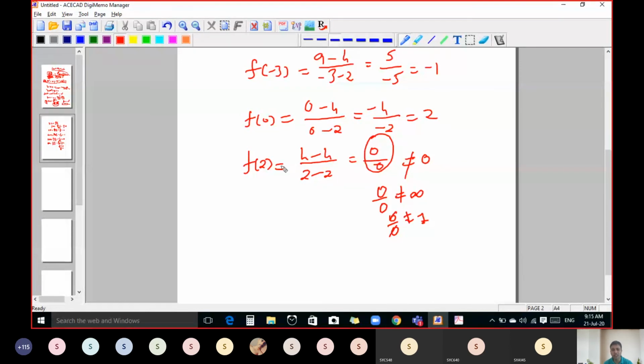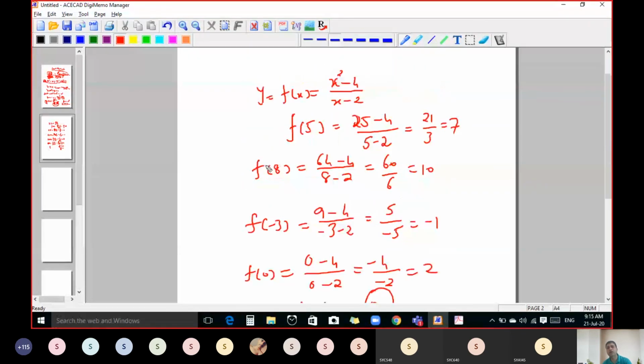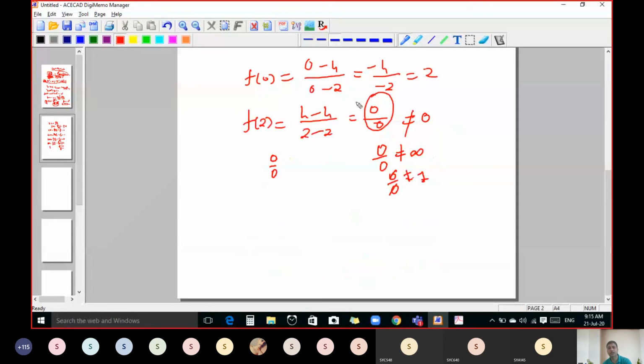So the question is now, what is 0 by 0? If we put x equal to 2 once again in this, we get 2 square 4 minus 4, that is 0, and 2 minus 2, that is 0. So ultimately we get the answer 0 by 0. So we can say that f of 2 is 0 by 0. But the question is, what is 0 by 0?